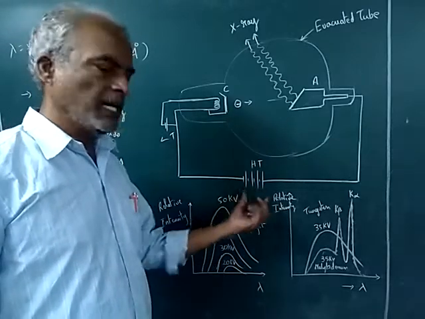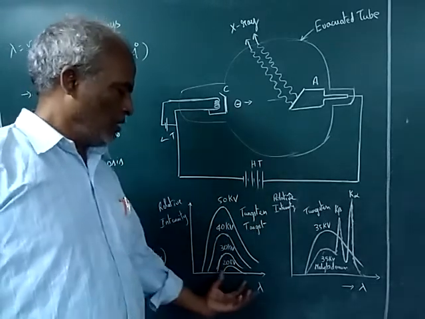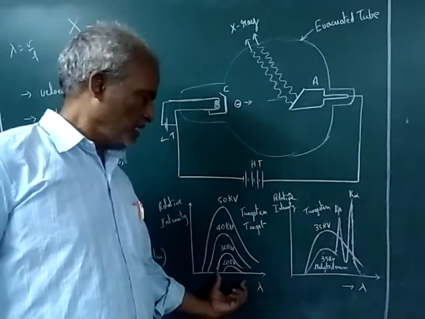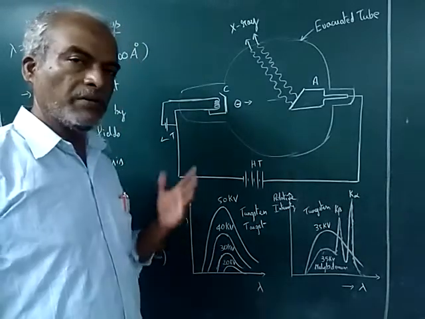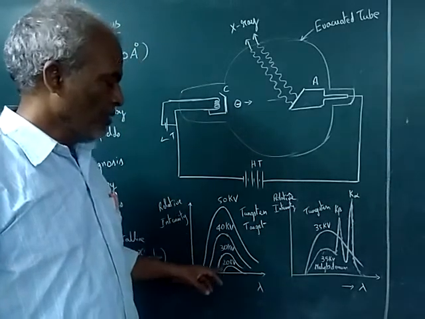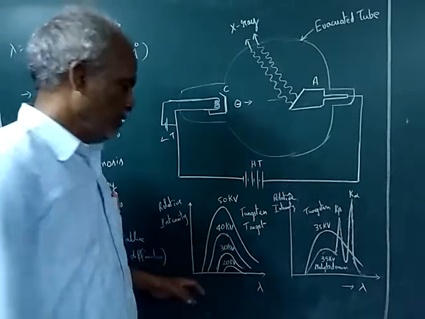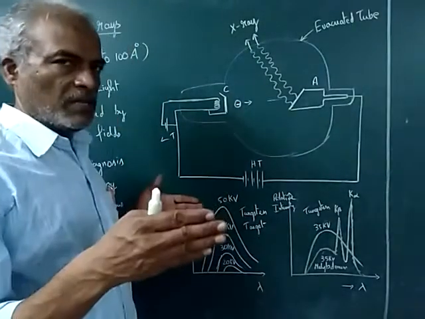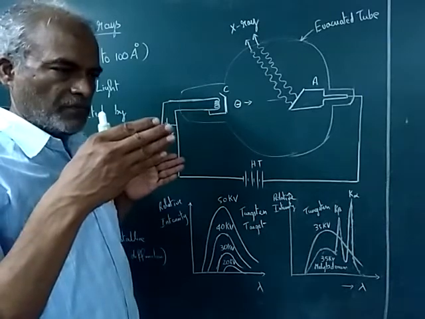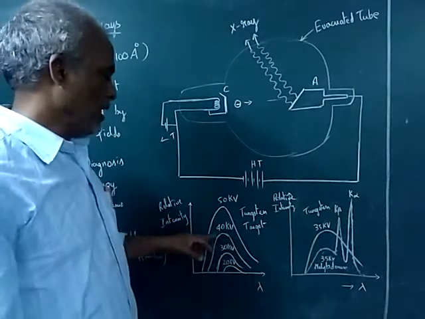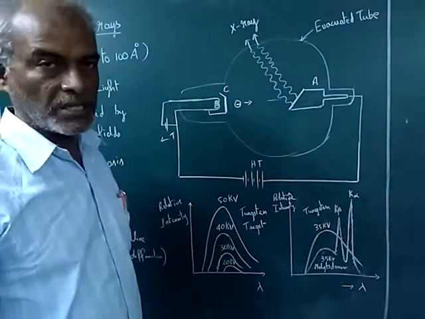When you increase this high tension to 30 kilovolts, the range of wavelength is increased and the relative intensity also increases. When you go for 40 kilovolts, the range of wavelength and the relative intensity increase further.